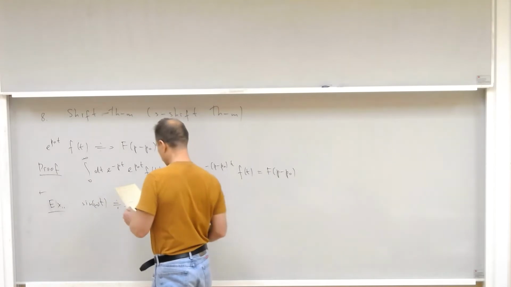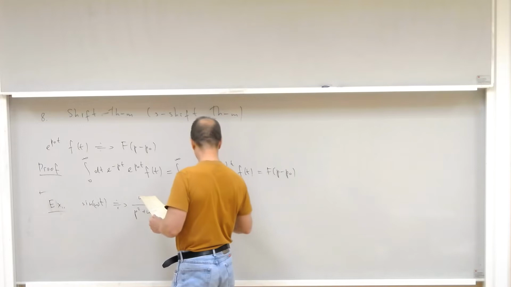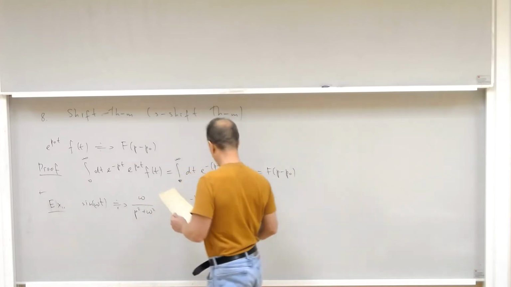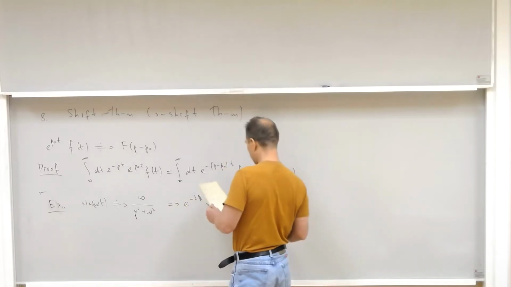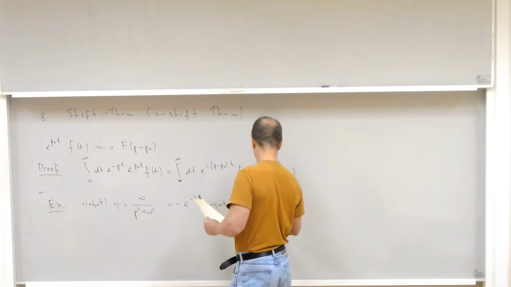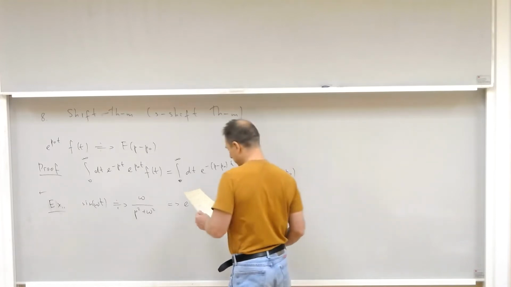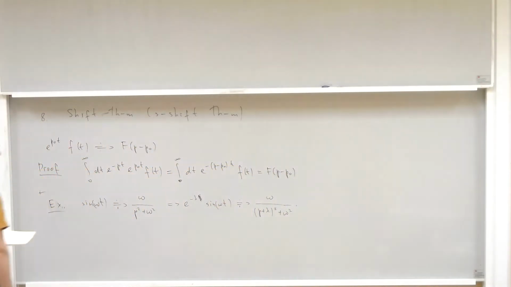So we consider this sine multiplied by an exponential function, and it is transformed into a conjugate ratio. It is an immediate application of this.